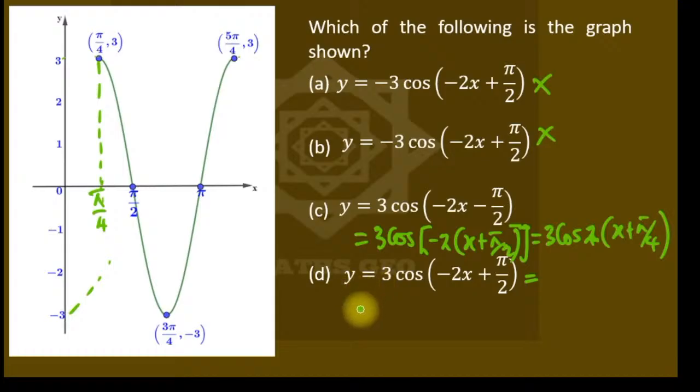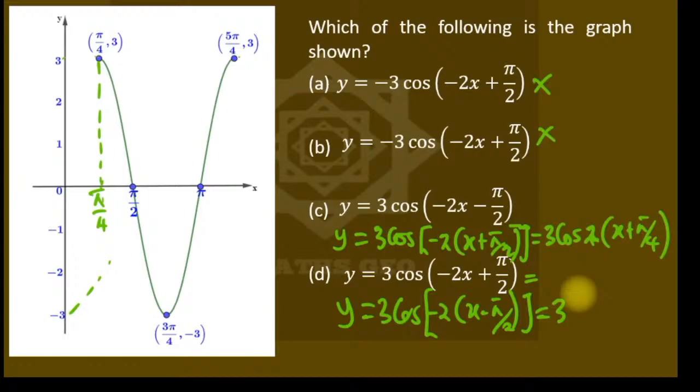Why this is, to bring out the negative sign, I have x minus pi over 2. So which is 3 cos 2 bracket x minus pi.